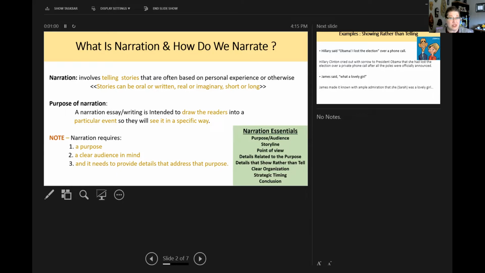Now, it requires a very clear purpose. Anytime that we narrate something, there's got to be a reason for it, especially when we're in academic narration. And when we're reading our text, Frederick Douglass, Learning to Read and Write, we're going to see that he has two clear purposes. And that means in order to know the purpose, you also have to understand the audience, understand who it is that you are speaking to, and think about what the audience needs and wants to know.